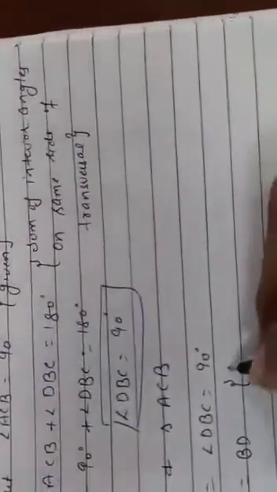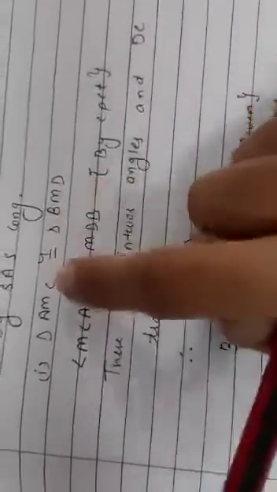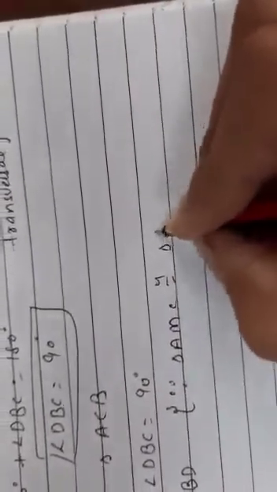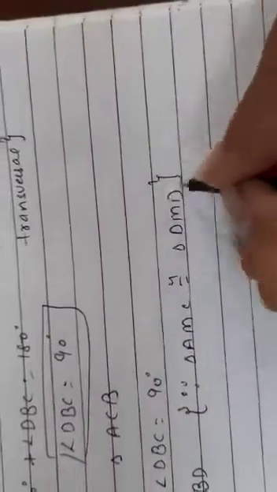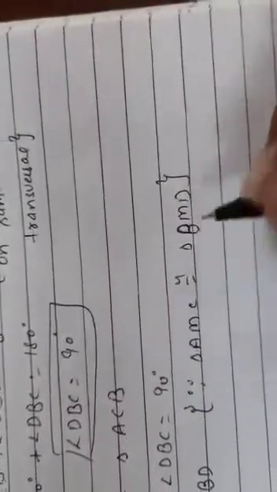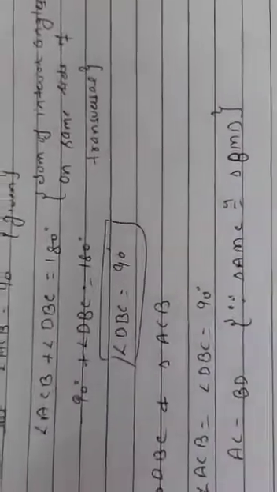Because we have proved above that these two triangles, AMC and BMD, are congruent. Then these sides will be equal by CPCT.